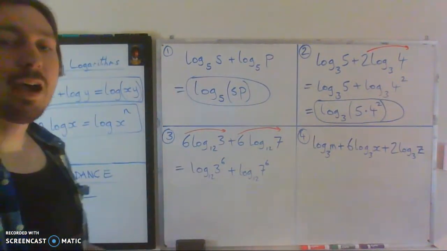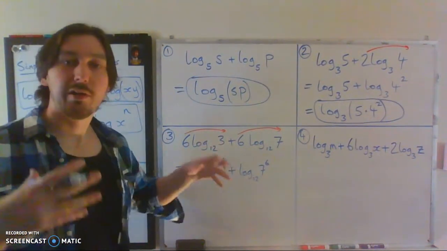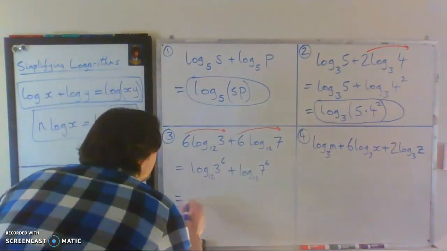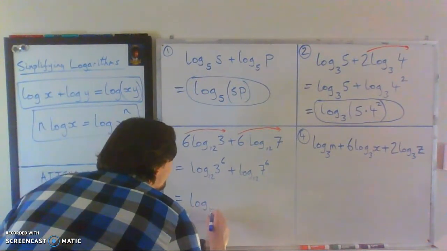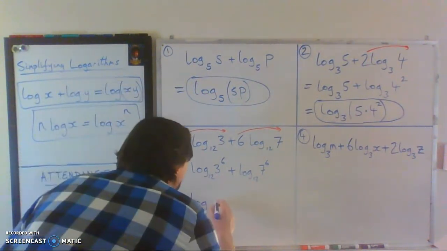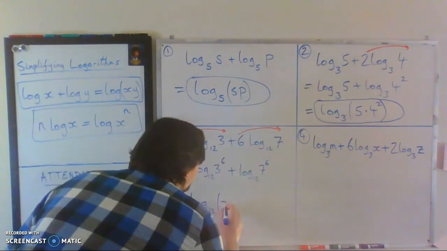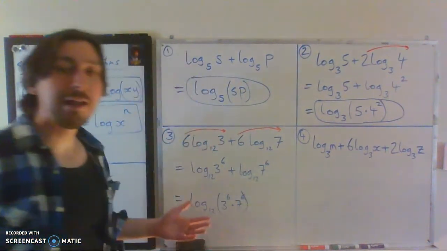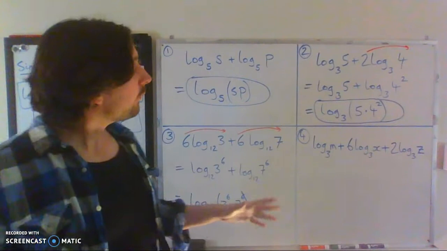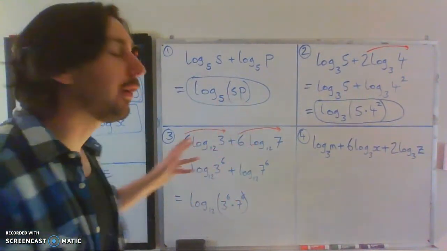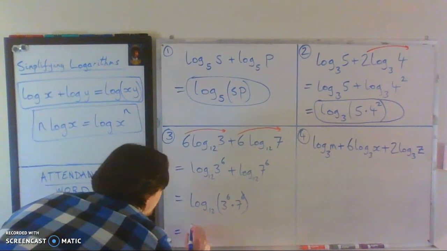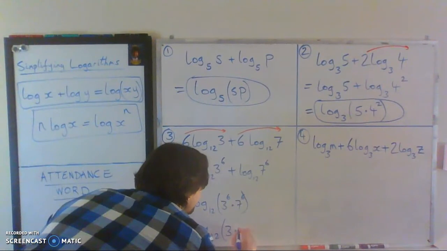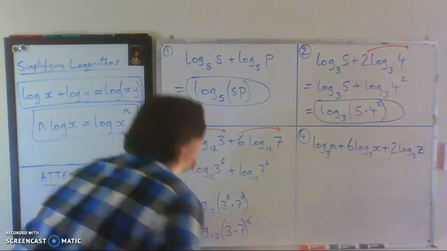Alright? And now that it's both just log, you can condense them like I have with this one and this one. Log, remember the number down here stays the same. If it's 12, keep it 12. 3 to the 6 times 7 to the 6. So you could write it like that. That's still correct. Or you could put it together so it looks like this. Log 12, 3 times 7, and the 6 on the outside.